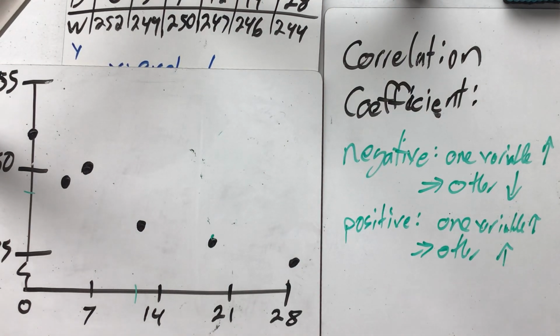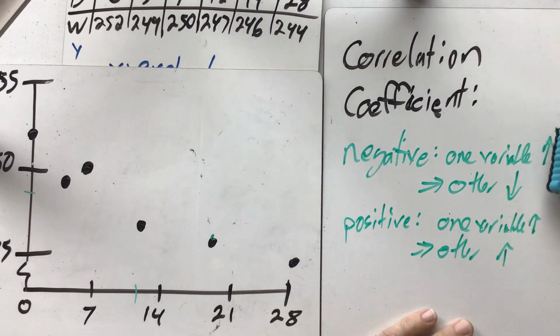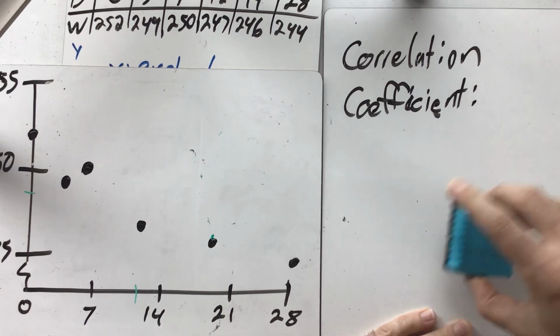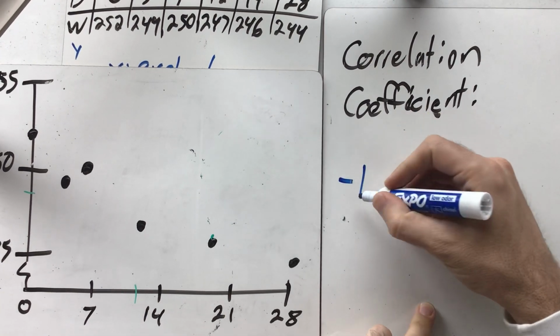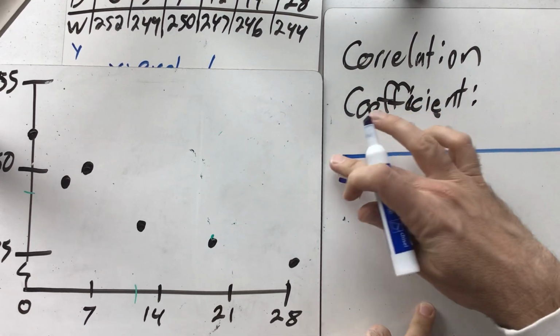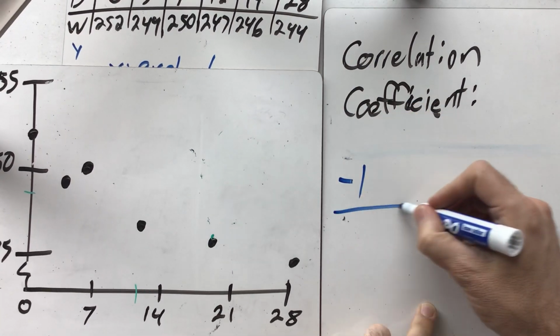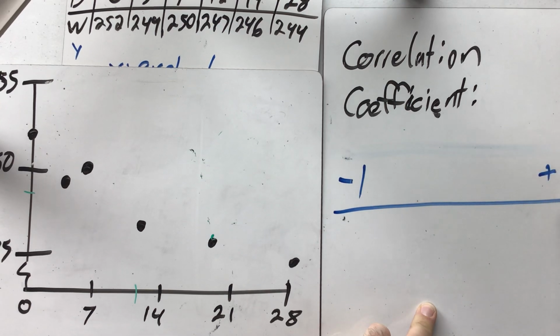One important thing is that a correlation coefficient always runs on a scale. You always get a number, and the lowest it can get is -1, and the highest it can get is +1, with 0 right in the middle.